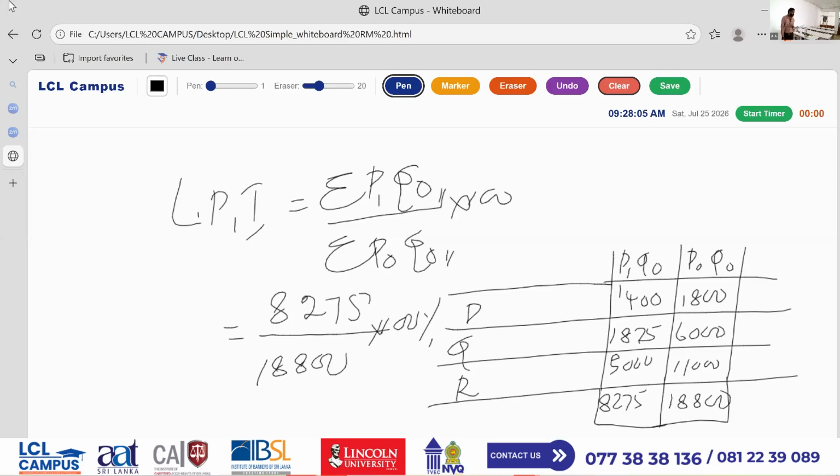Check: 8275 divided by 18,800. What is the answer? 44.02, maybe rounded to 2 decimal places. That is the answer for the fourth one.